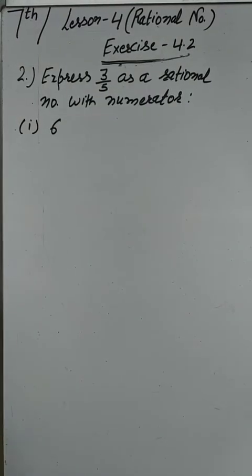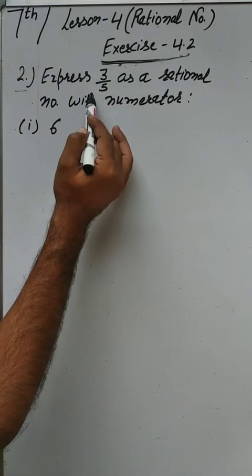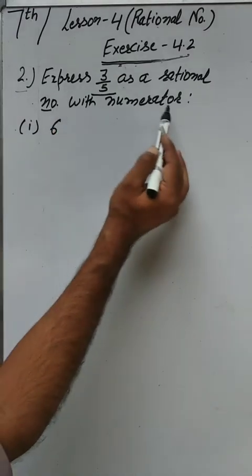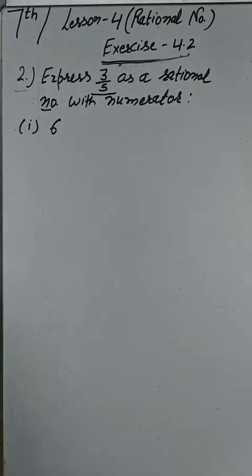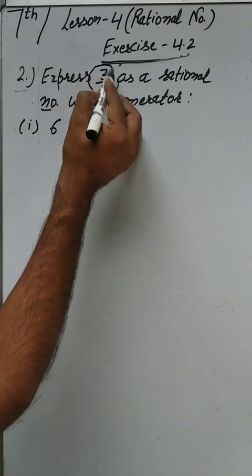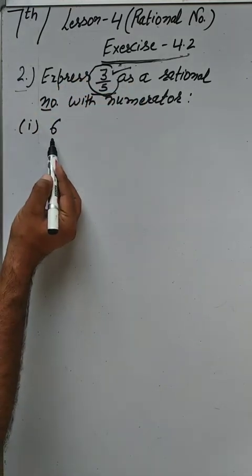Yes, beta, your second question is, express 3 upon 5 as a rational number with numerator 6. Now, beta, look here. What is the numerator here? 3 is the numerator. I want to change 3 into 6.